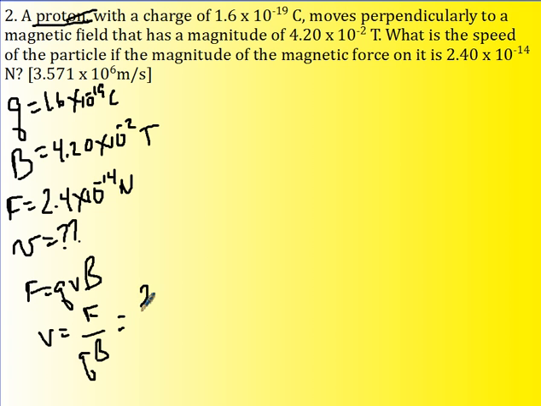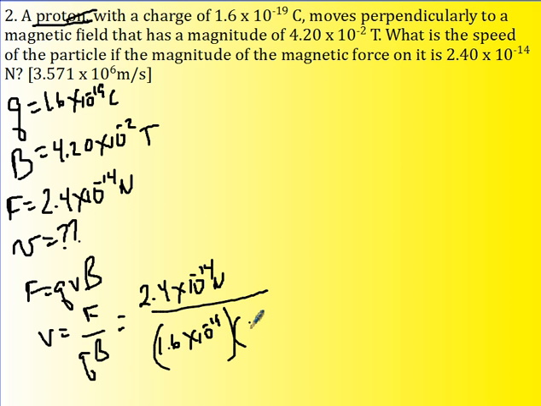The force is 2.4 times 10 to the negative 14 newtons divided by the charge, which is 1.6 times 10 to the negative 19 coulombs, times the magnetic field, 4.2 times 10 to the negative 2 teslas.